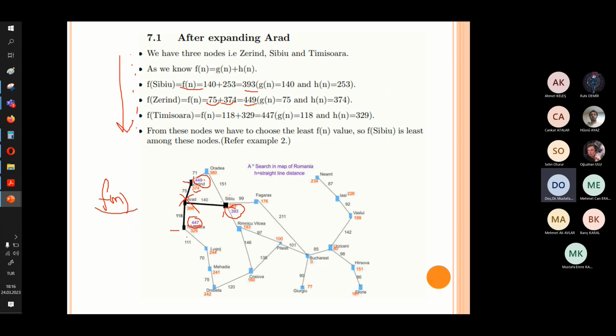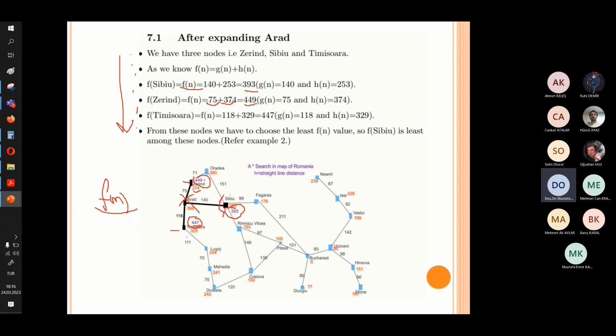Now, which node will be the current node after evaluating this? Since the algorithm is greedy, the smallest one will be chosen. Therefore, we will go to Sibiu.